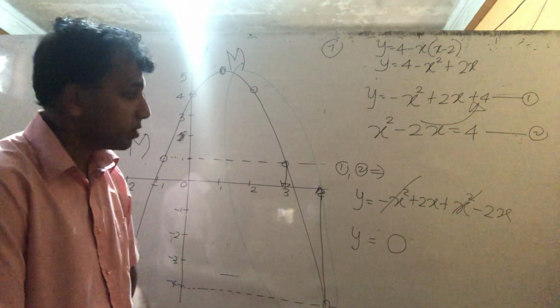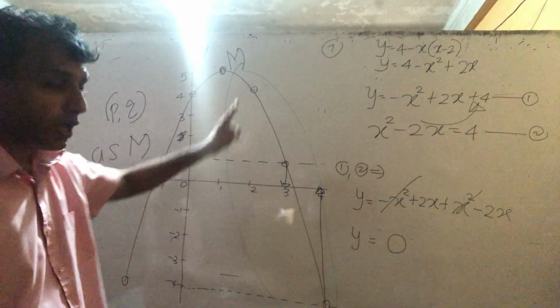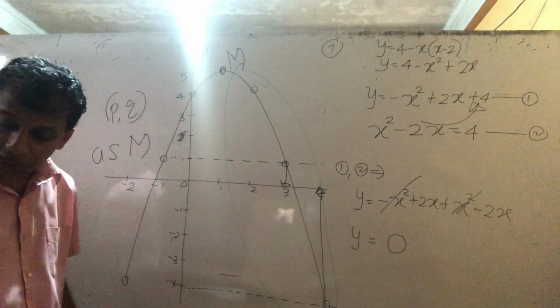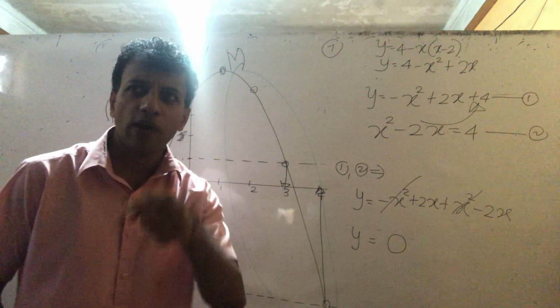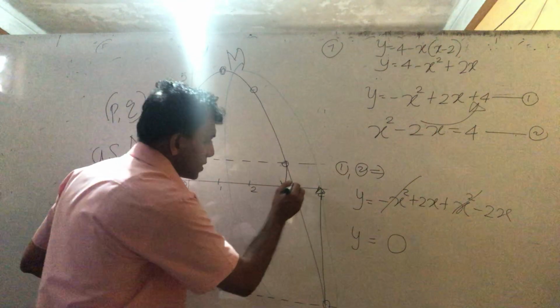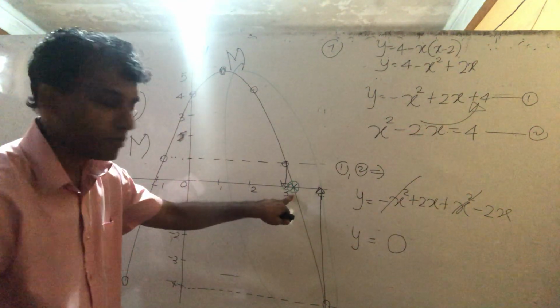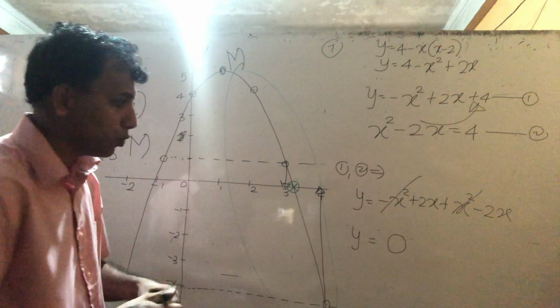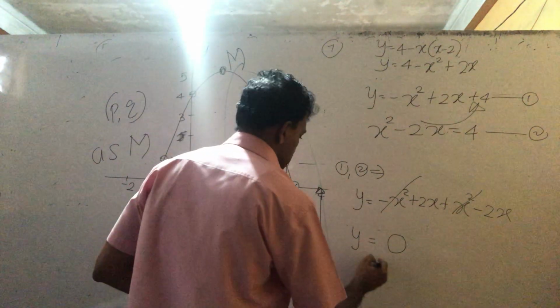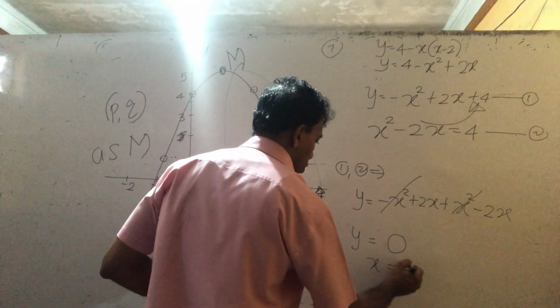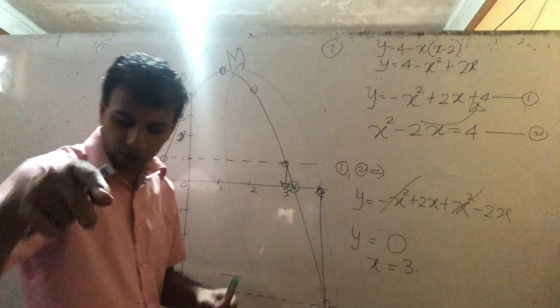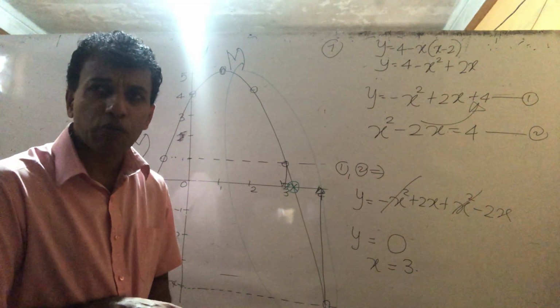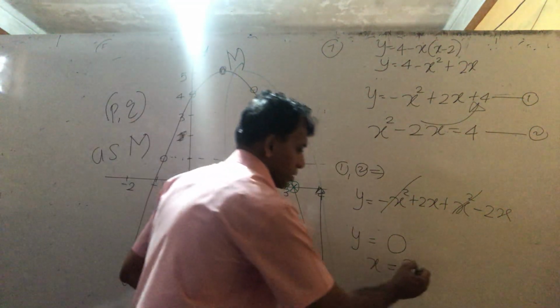So therefore, what is the solution? Where this parabolic shape cuts the x-axis at 2 points, there's the positive value only, right? Therefore this is 3 point something. So x equal 3 point something. If you draw properly, you can see in your graph it becomes 3.2 or 3.